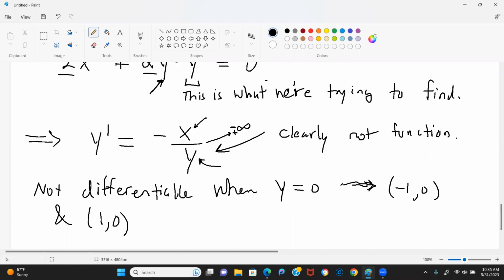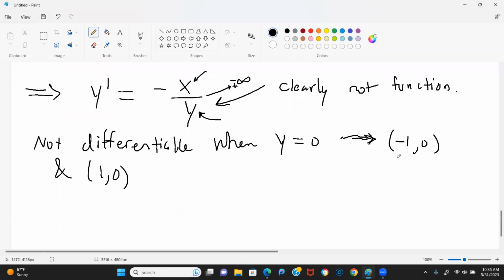All right. So one way of thinking about this is the rate at which y changes with respect to x.